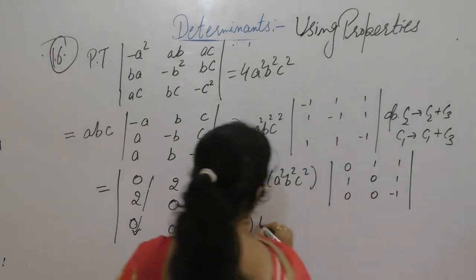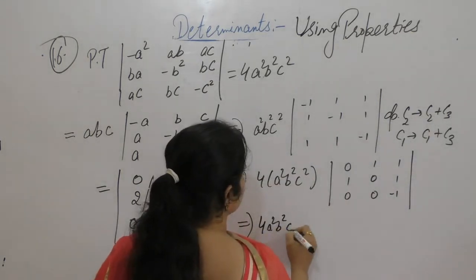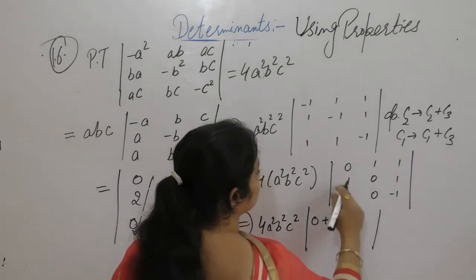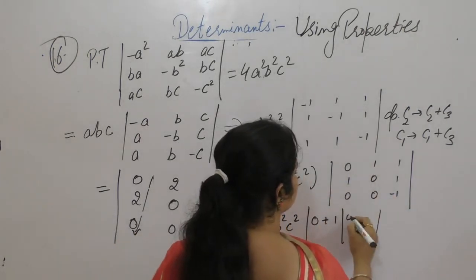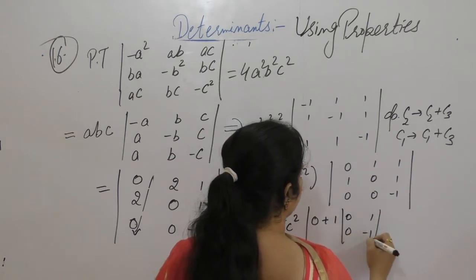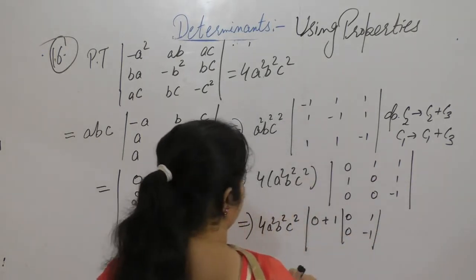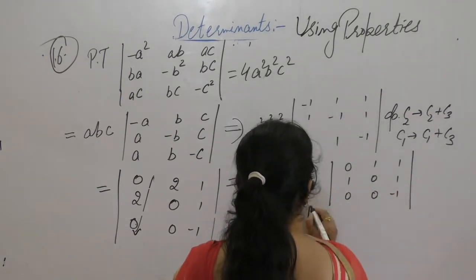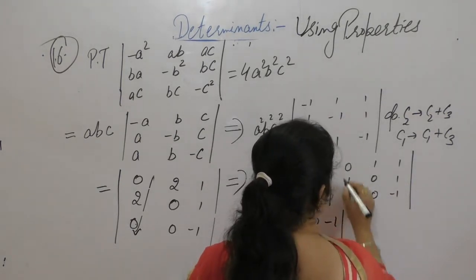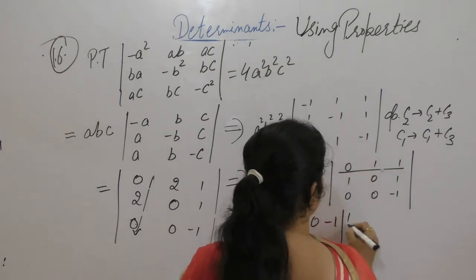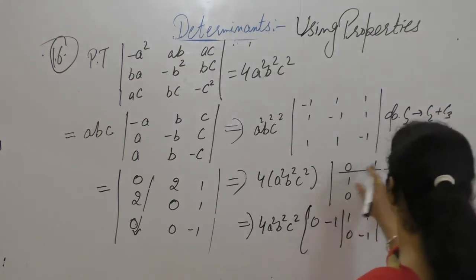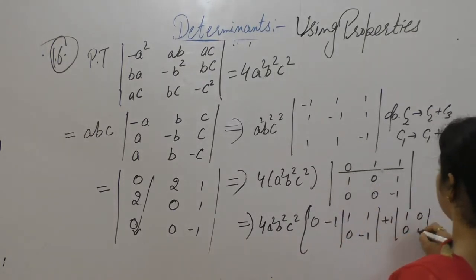Now expand it. 4A square B square C square into 0 plus 1 into minus 1 into 1 0 1, minus 1 plus 1 into 1 0 0 0.